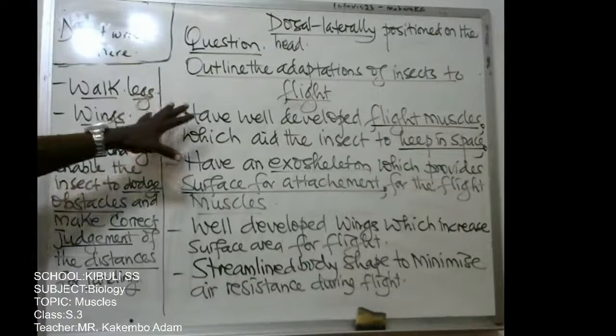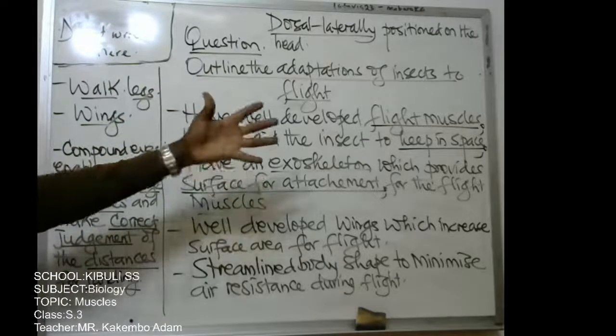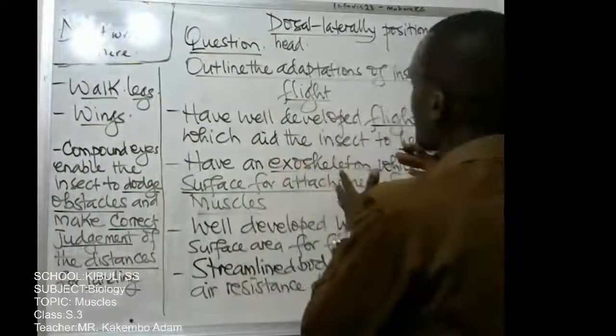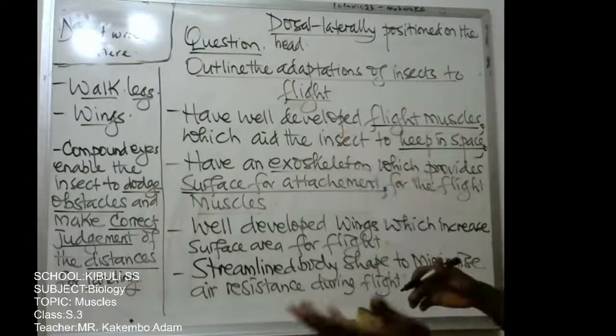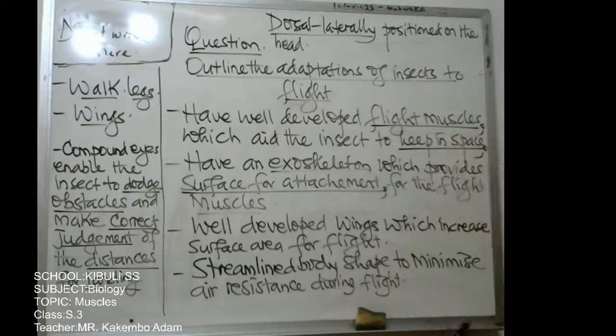So that is a possible question they can raise about special adaptations of insects to flight, having well-developed flight muscles. At the back of your mind, get to know which muscles they are talking about: the depressor and elevator. In both cases, whether direct flight muscles or indirect flight muscles, the names remain elevator and depressor.